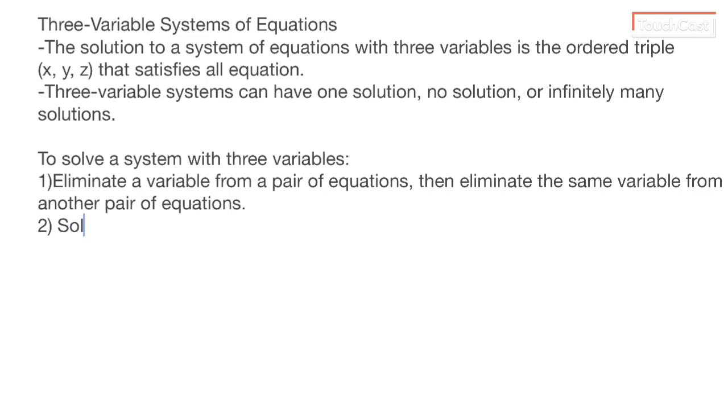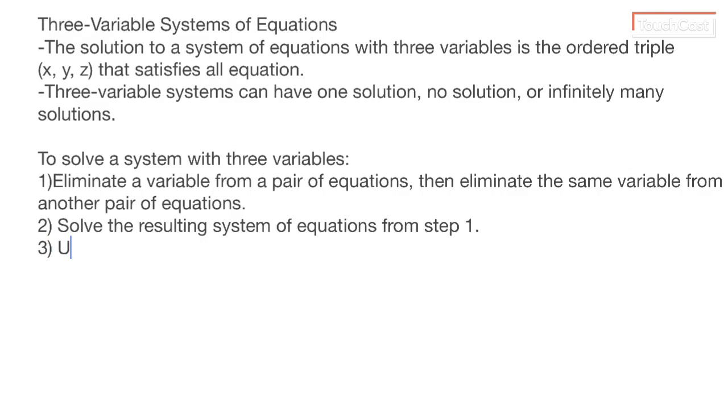Then in step 2, we're going to solve the resulting system of equations from step 1. Because then we'll just have two variables. Once we do that, we're going to use substitution to find the value of the third variable.